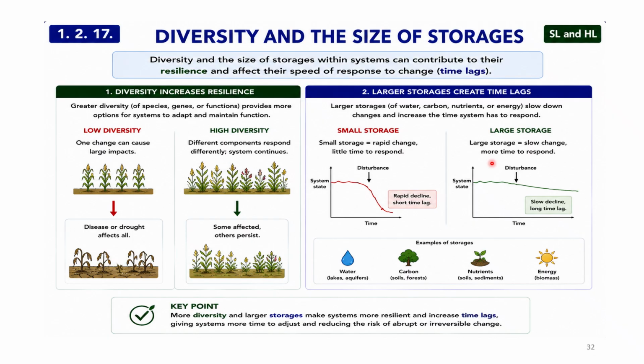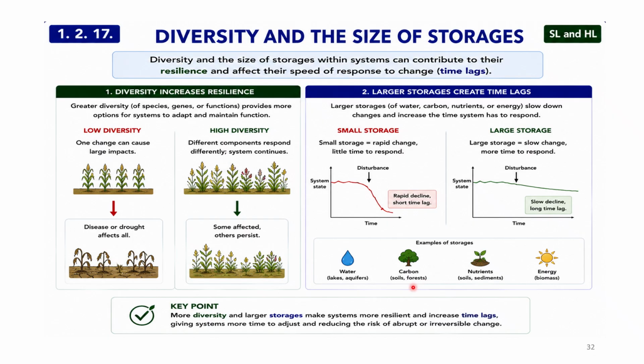The size of system storages also affects how quickly a system responds to change. Small storages lead to rapid responses with short time lags, whereas large storages buffer disturbances and create longer time lags, allowing more time for adaptation. For example, a small pond may heat up quickly during a heat wave, while a deep lake changes temperature much more slowly.